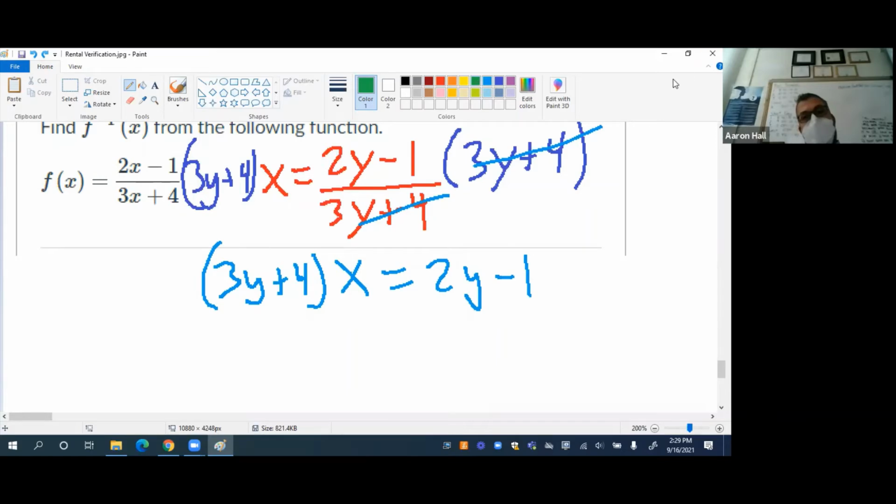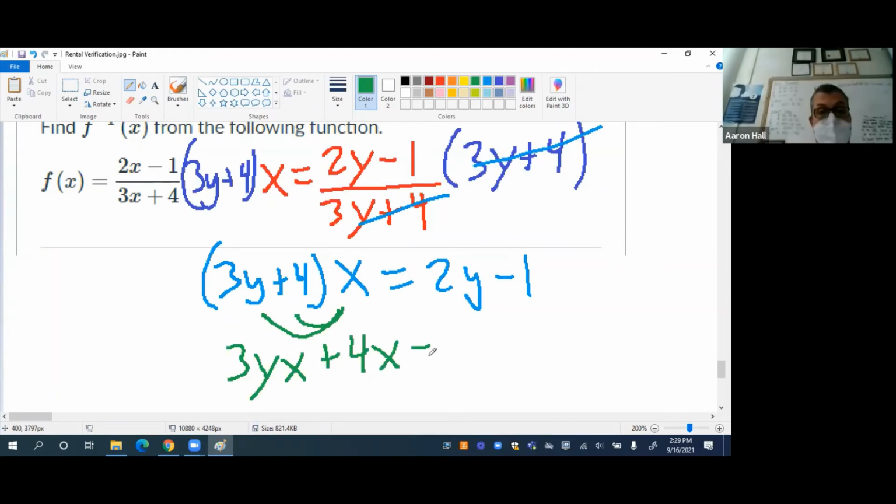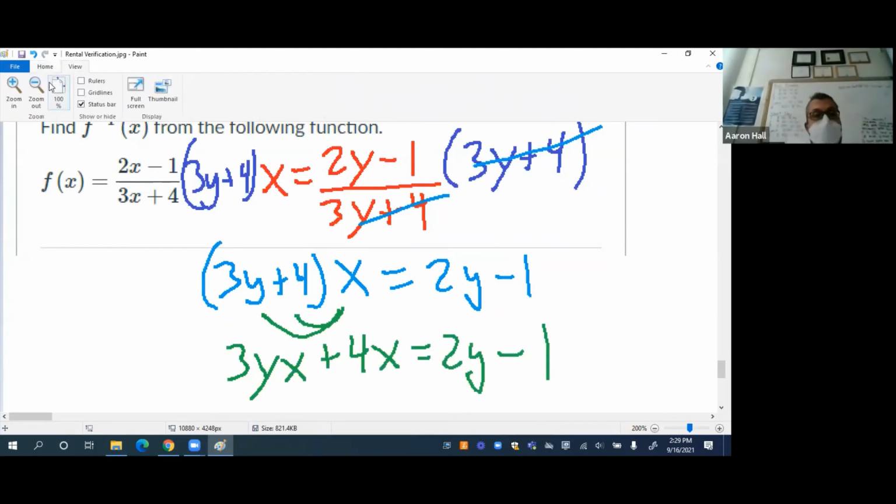What's the next step? Yeah, let's distribute x. Is that Francisca? Oh, Fernanda. Awesome. Fernanda. So if I distribute that, it gives me 3y times x plus 4x equals 2y minus 1. Now what?